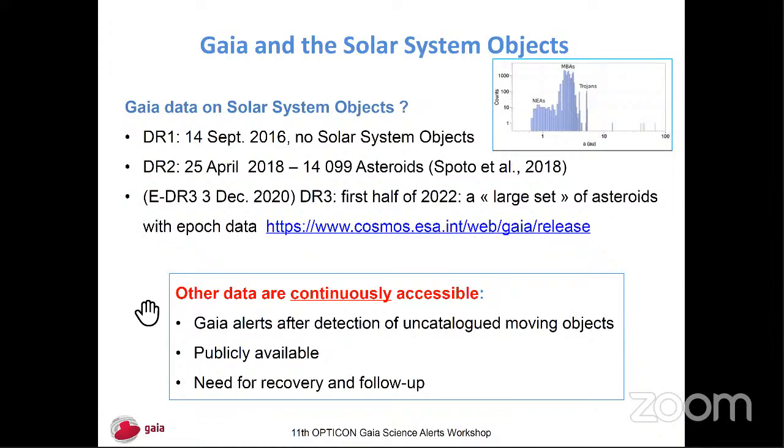But we also have continuous access possible for the data related to new asteroids, which are published through the Gaia Alerts almost every day. And they are publicly available, and they need follow-up observation from the ground for the recovery.